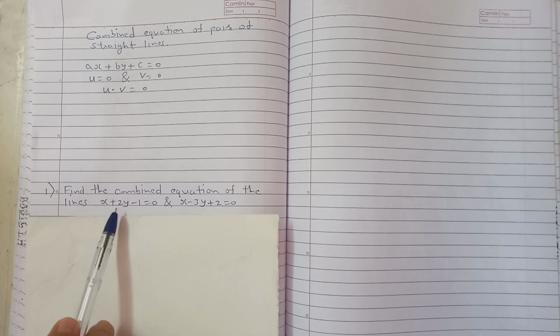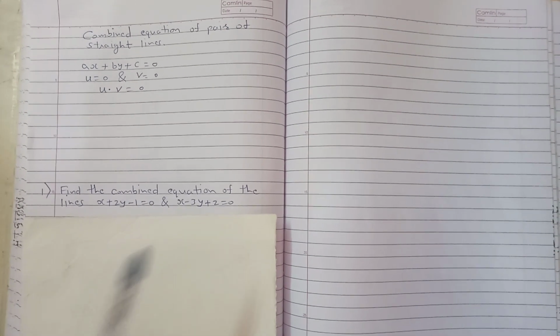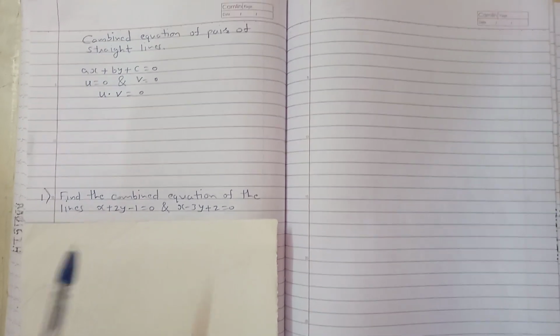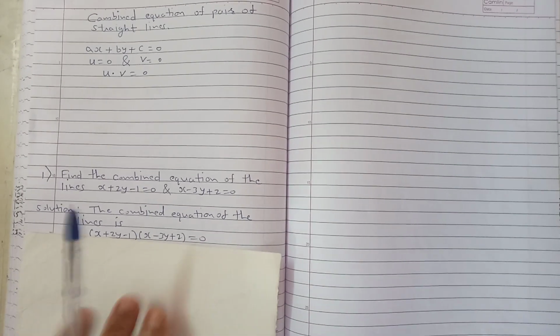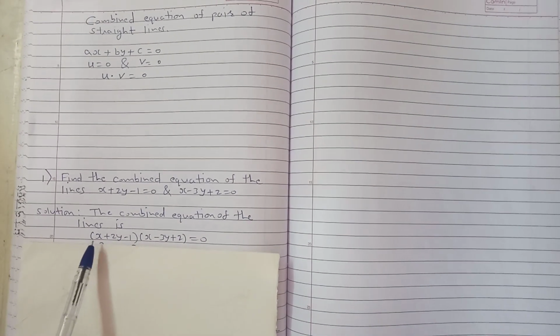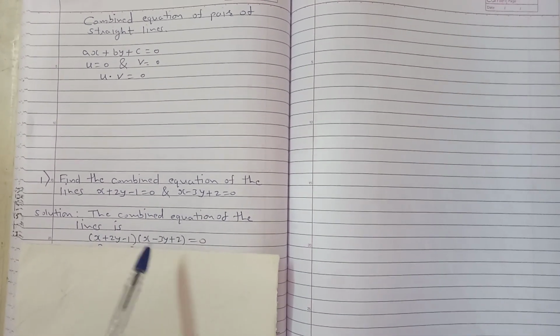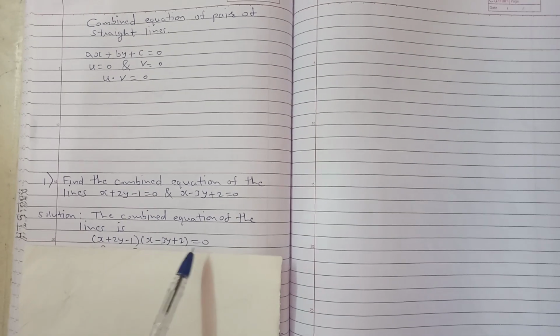Now you know that if u is equal to 0 and v is equal to 0 are the given equations, then their combined equation is given by u into v is equal to 0. So in this case, u is x plus 2y minus 1, and this is v, so you take the product of these two and equate to 0.